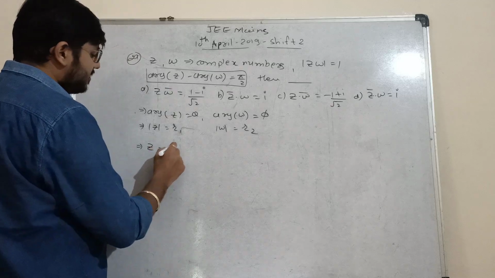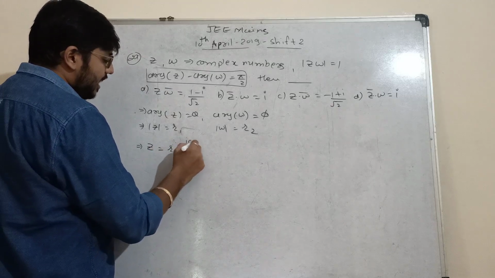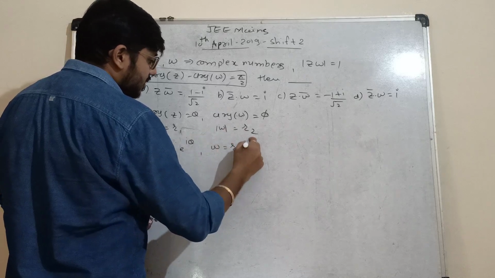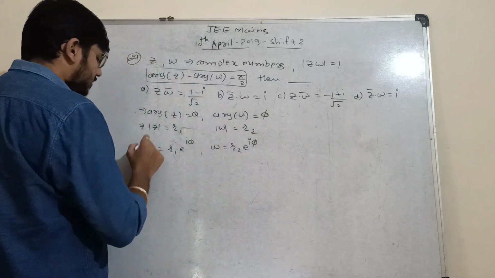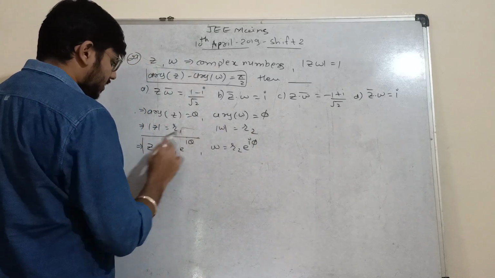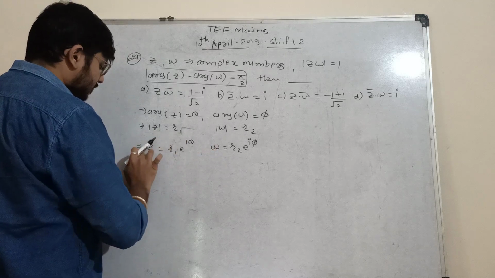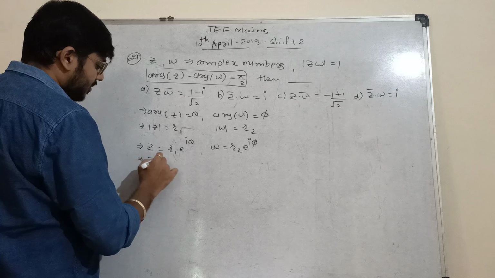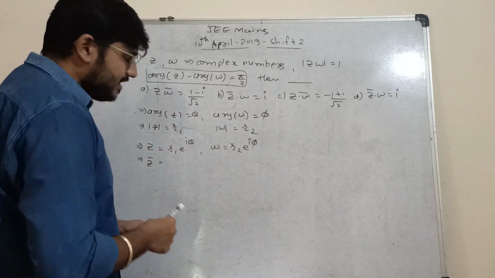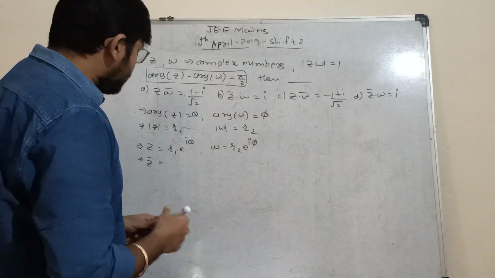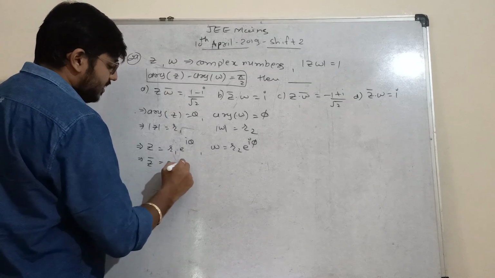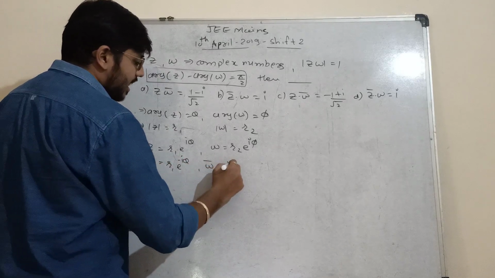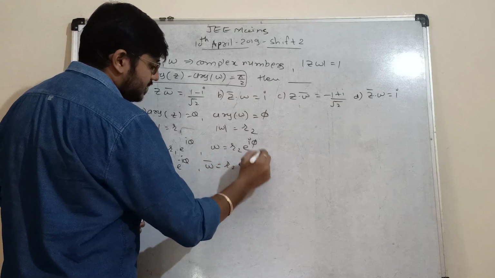Z can be represented as R1 e raised to i theta, and W can be represented as R2 e raised to i phi. Right, these two things we need to keep in mind. Also, Z bar is the conjugate of the complex number Z, so the conjugate can be represented as R1 e raised to minus i theta, and W bar will be R2 e raised to minus i phi.